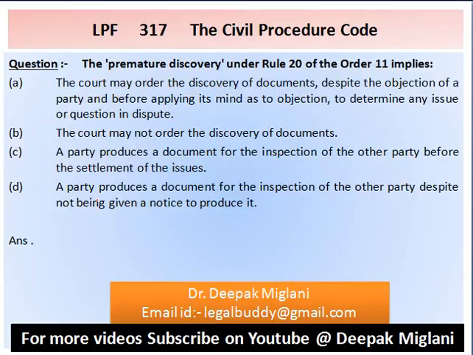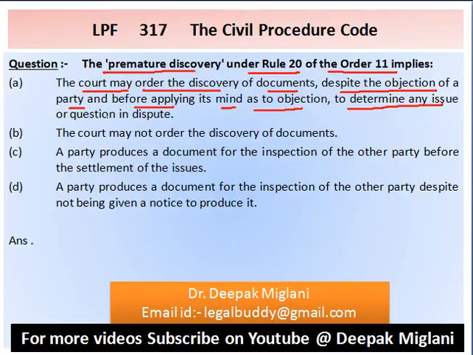Question number 317. The premature discovery under Rule 20 of Order 11 implies. Option A, the court may order the discovery of documents despite the objection of a party and before applying its mind as to objection to determine any issue or question in dispute.